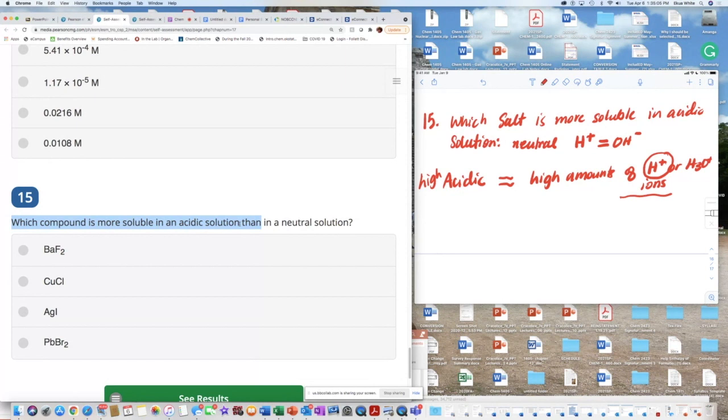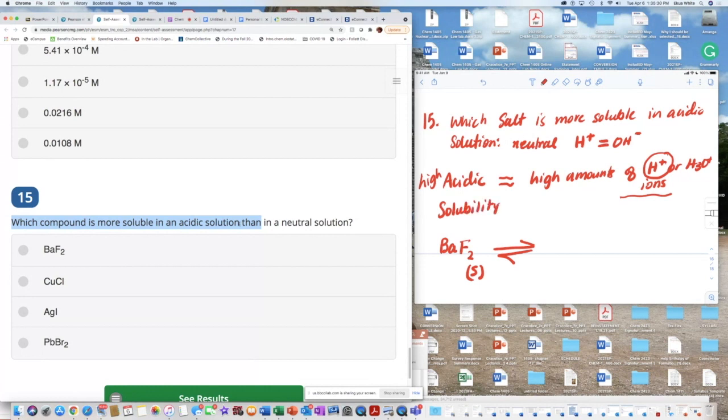Okay, what does a lot of H pluses do to the first one? So we learned about these salts in the context of KSP. So BaF2 is a salt that is not soluble in water. We talked about this, and the context was solubility. So solubility is what we're looking at here.